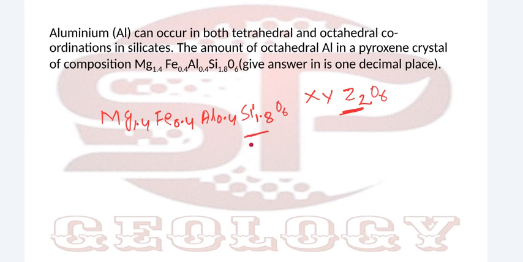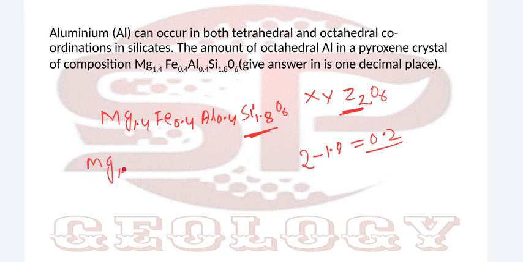Si is now 1.8, so this place should be 2, which means we require 0.2 more. So aluminum 0.2 is in the tetrahedral and the rest will be in the octahedral.